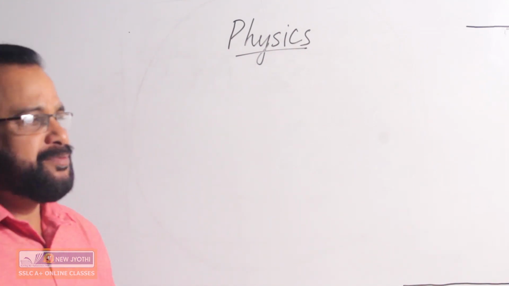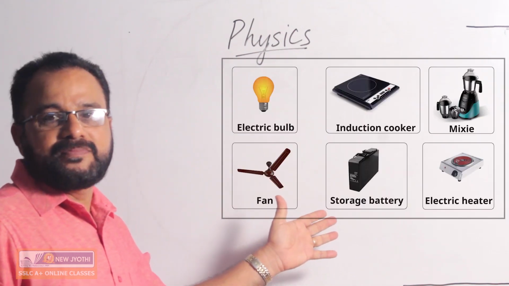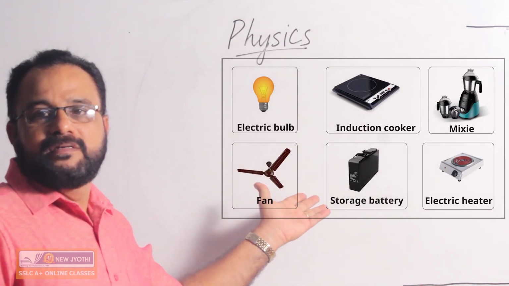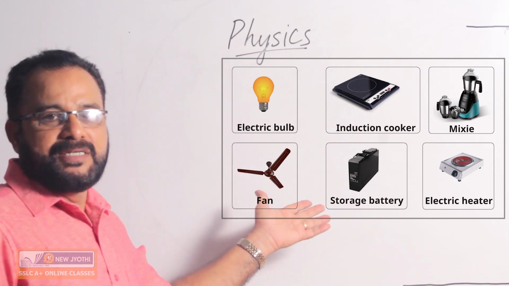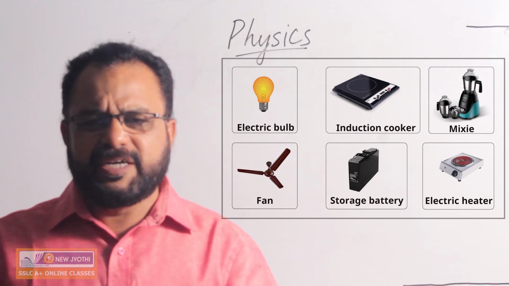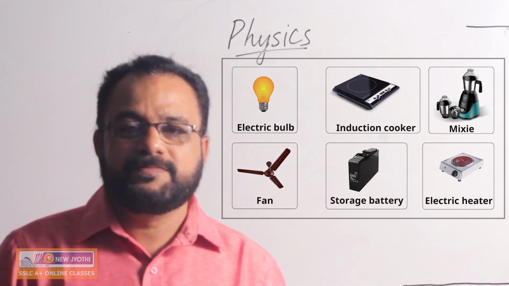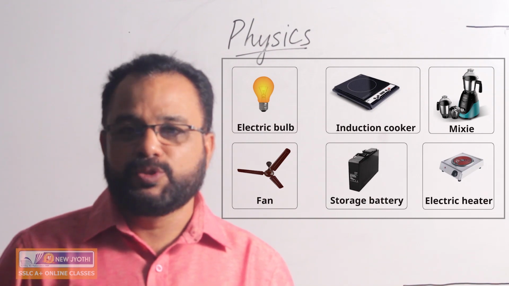So we can see the different types of devices we are using in our daily life. Electric bulb, computer, electric fan, electric iron, this mixie, television, cooker, etc. Different types of devices we are using. In each device, electricity is used.